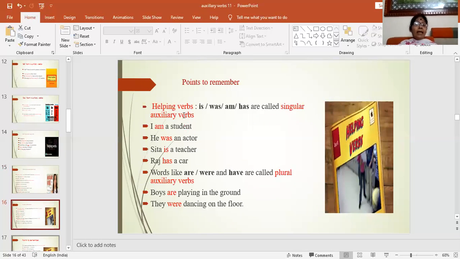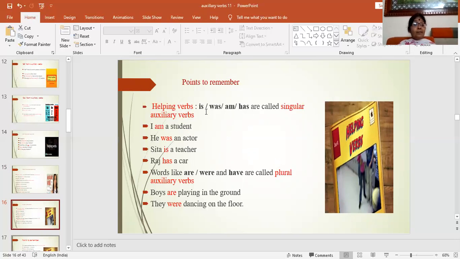Remember, helping verbs is, was, am, has are called singular auxiliary verbs. For example, I am a student. He was an actor. Sita is a teacher. Raj has a car.